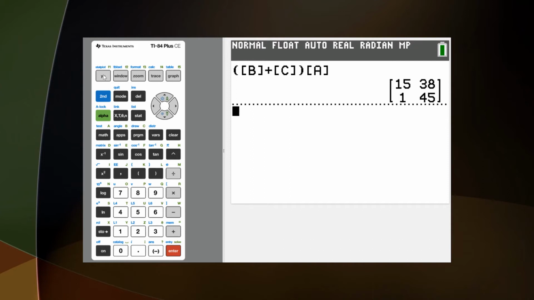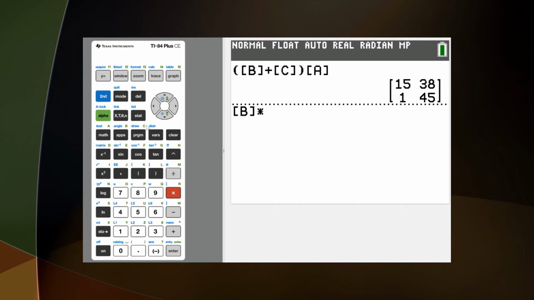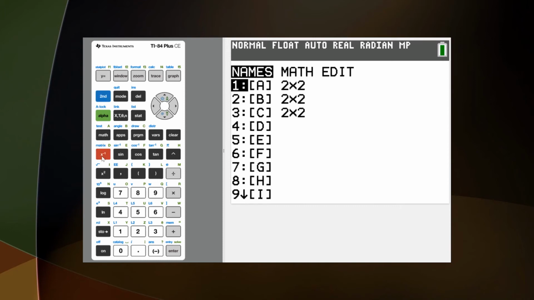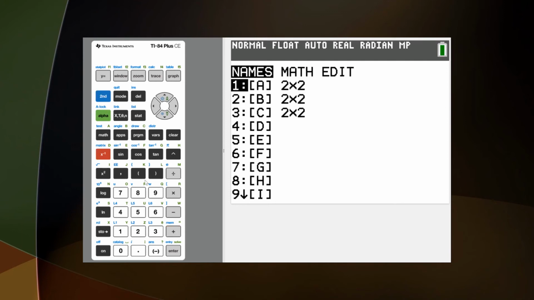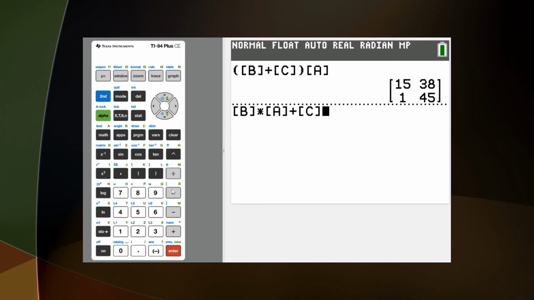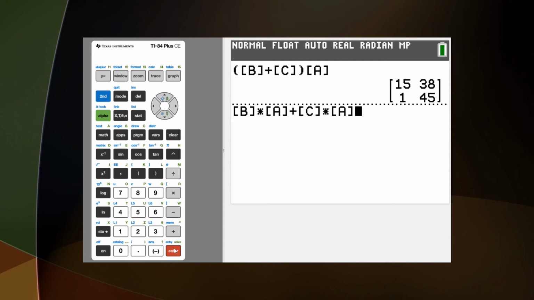So let's see, I got BA, so I'll go matrix B times matrix A, okay, plus matrix C times matrix A. All right, let's hit enter and see what we get.